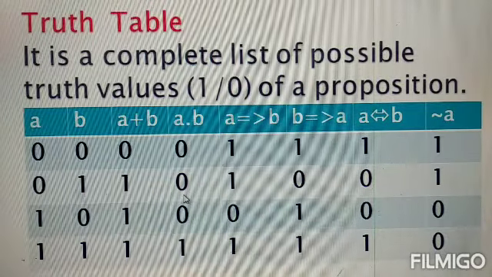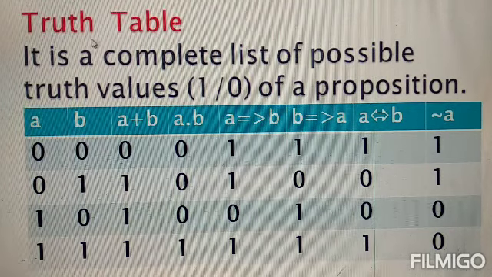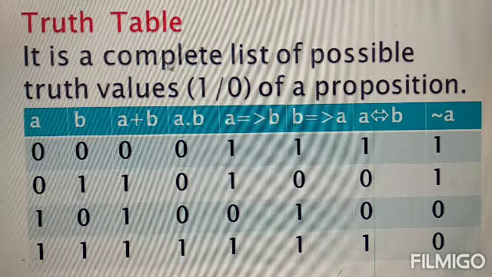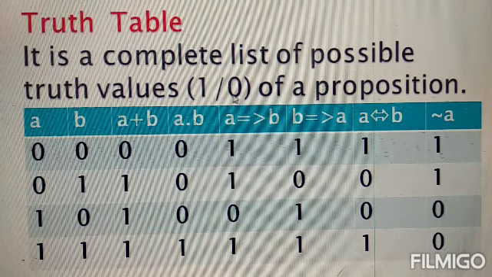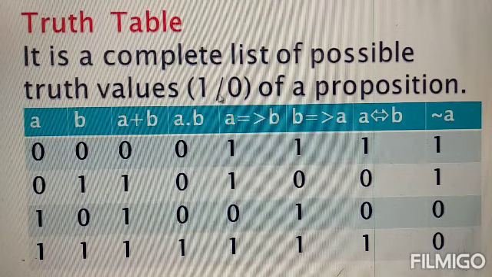Okay, now the truth table. What is a truth table? A truth table is a complete list of possible truth values for a given proposition. So any given proposition, if you represent it in the form of zeros and ones in a tabular order, that is called a truth table.